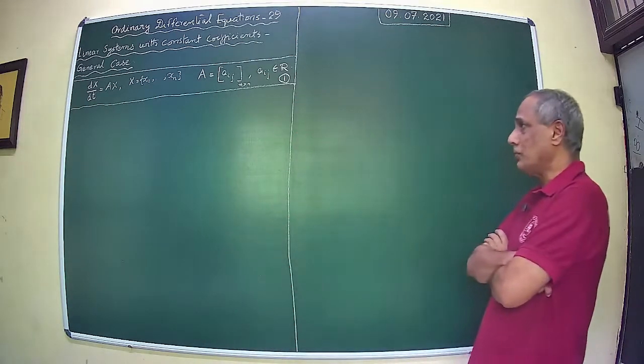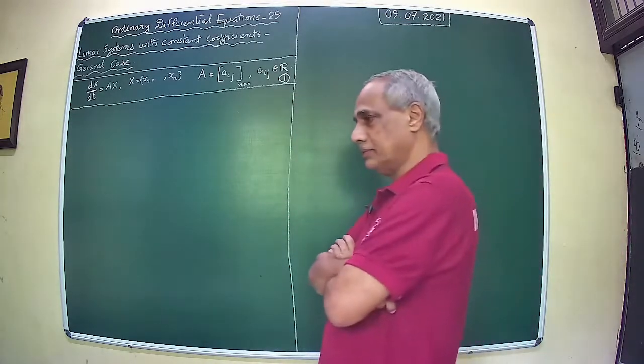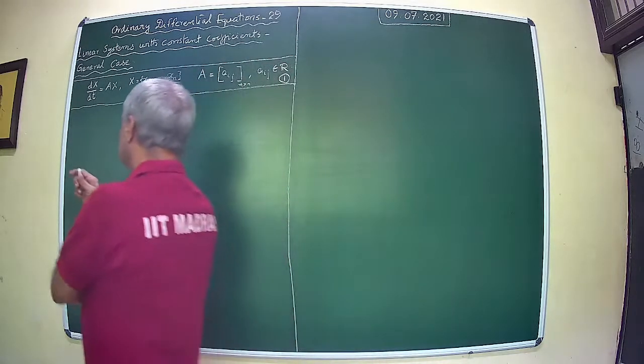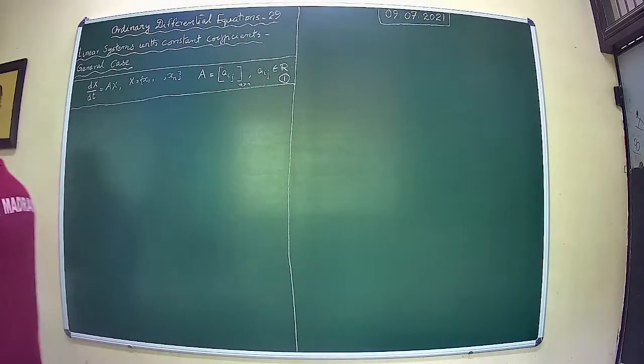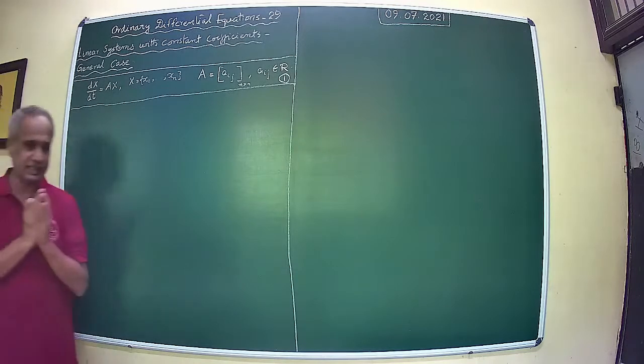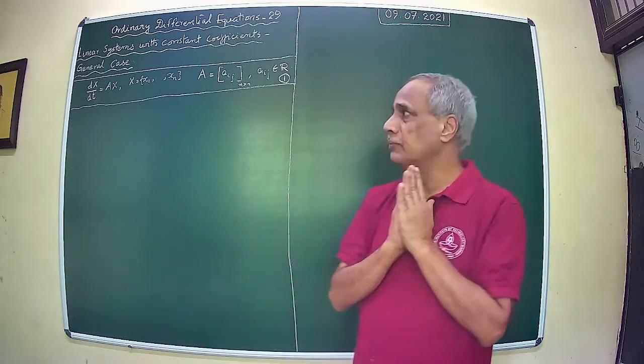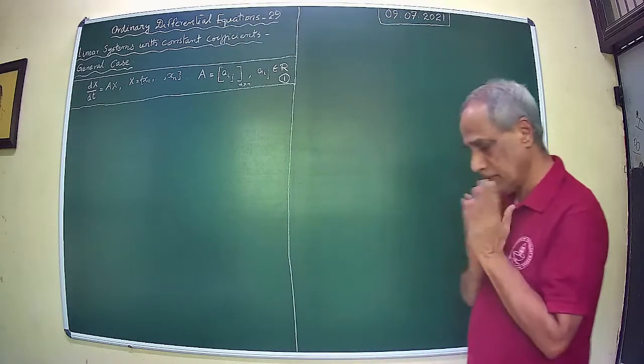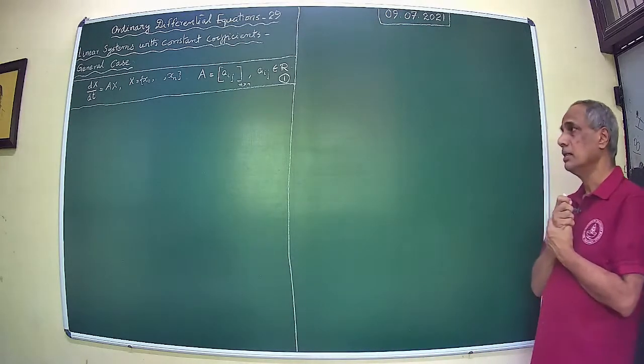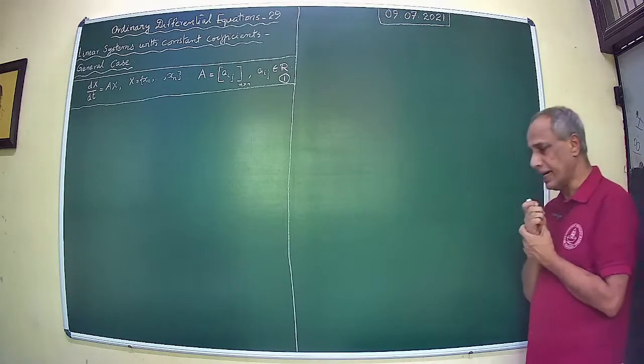When A was diagonalizable, we got a basis, or what you call a fundamental system of solutions for the homogeneous equation, exploiting the diagonalizability.